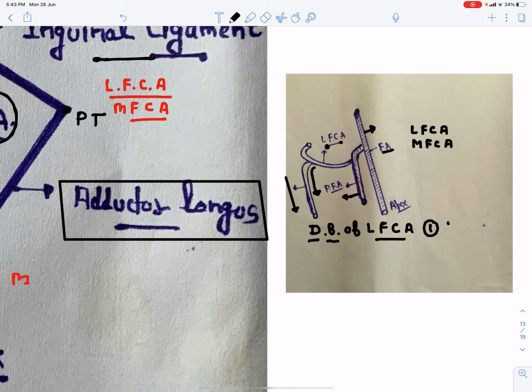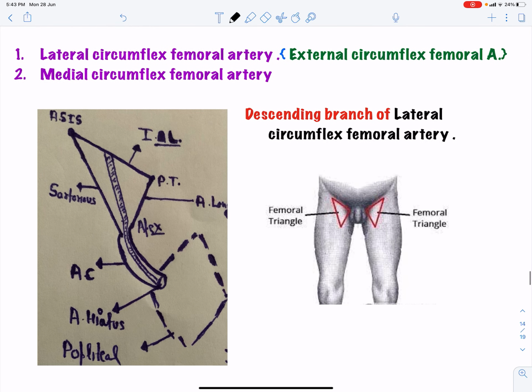So what is the name of the first artery which supplies our knee joint? Answer: the descending branch of the lateral femoral circumflex artery. Is it clear? I wrote here, this is our first branch which supplies blood to our knee joint. Clear?